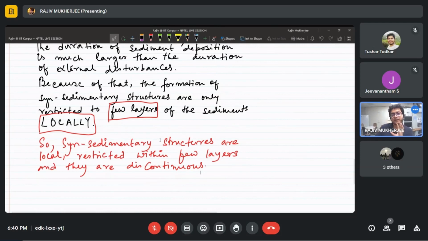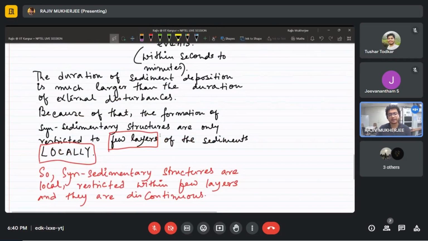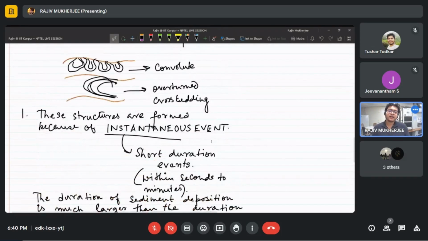Okay, I hope you have understood why it is discontinuous, local and restricted to few layers only.